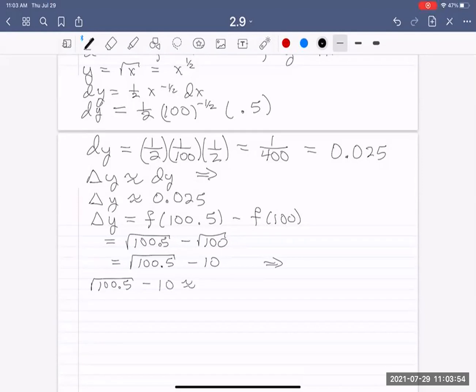It's equal to 0.025. So we're saying that these are approximately equal. So delta y should be approximately 0.025. Add 10 to both sides of your equation.